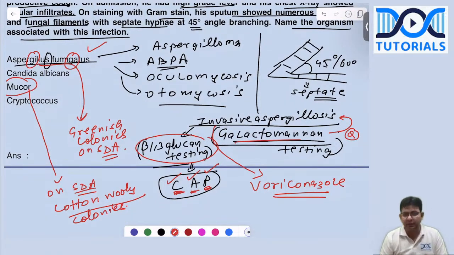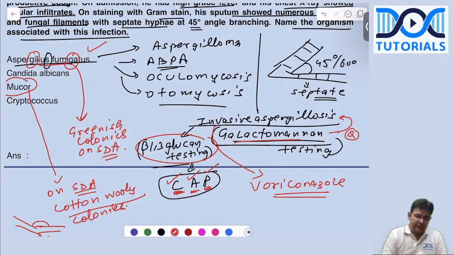Okay, salt and pepper like colonies, rhizopus. And what do they have? They have wide angled hyphae, 120 or 90 degree, aseptate. Mucor and rhizopus are known as lid lifters. What do you call them? Lid lifters. And they look like a ribbon.